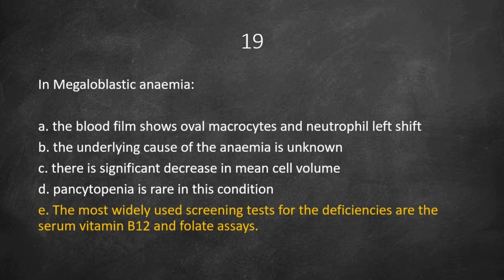So it's not rare, it's actually something that will happen. Then option E says the most widely used screening tests for the deficiencies are serum vitamin B12 and folic acid. That's very, very true and very correct. So that's our answer for question 19.